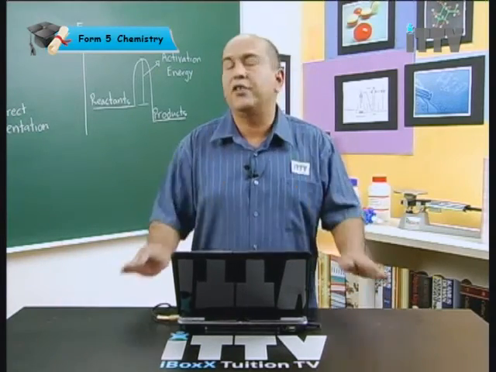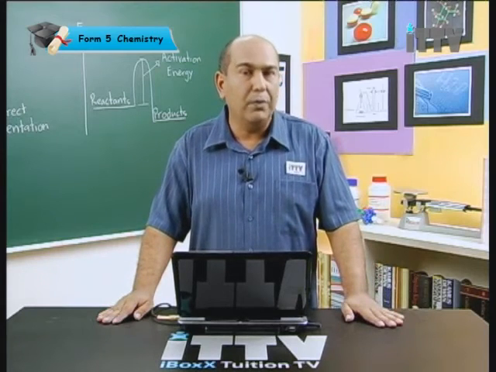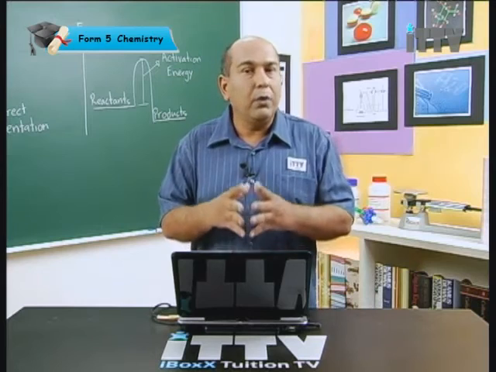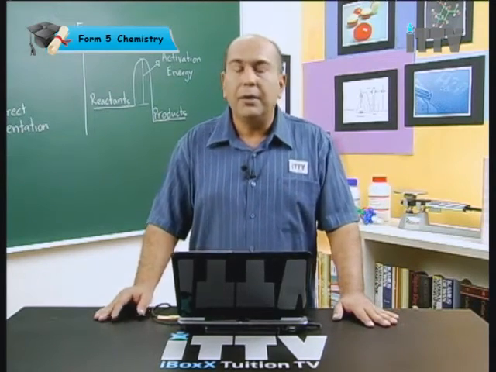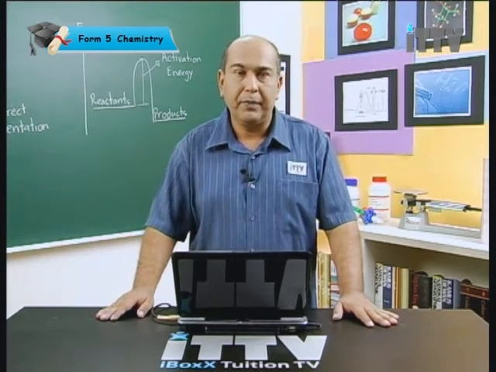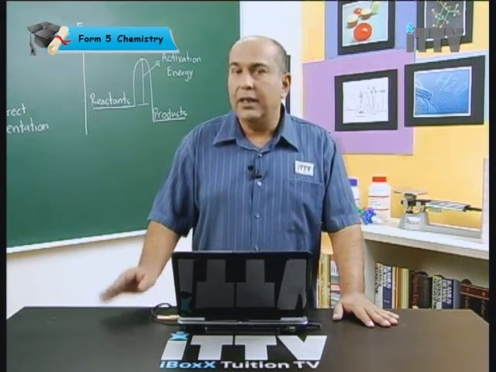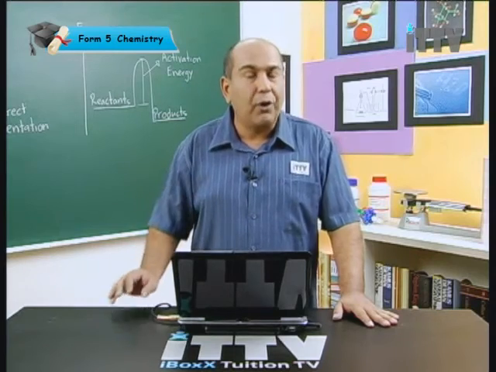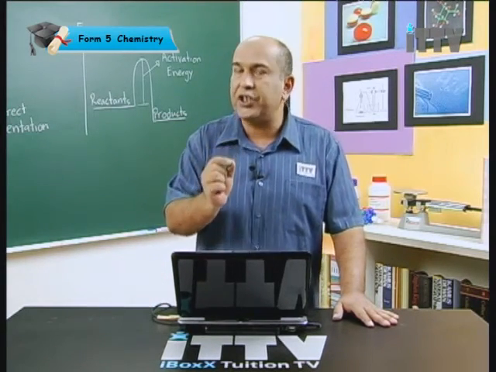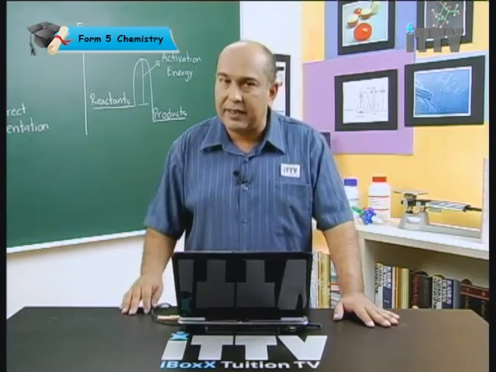So let's just look at these positive catalysts for a moment. Now, if you have a positive catalyst, it will lower your activation energy by providing an alternative reaction pathway. And basically, your activation energy graph changes. Let's go up to the board and sketch in what occurs if a catalyst is used.